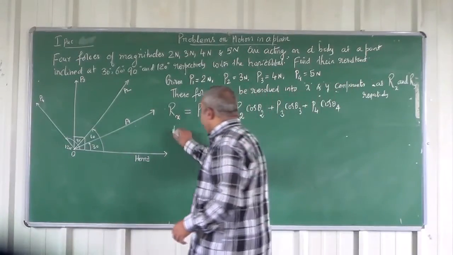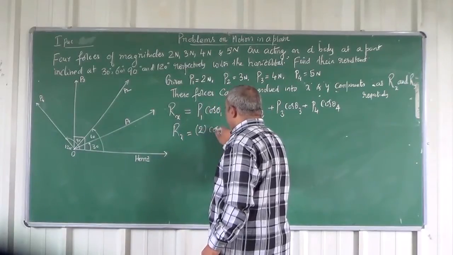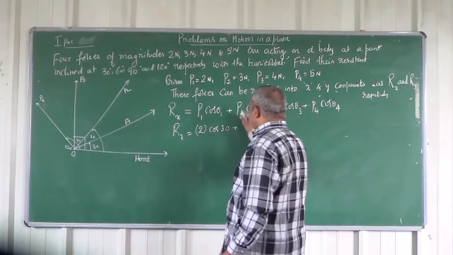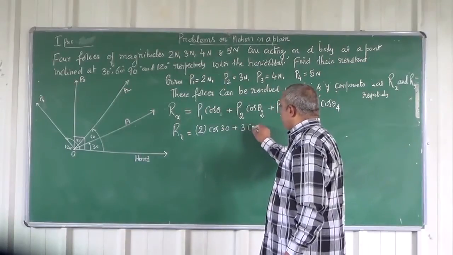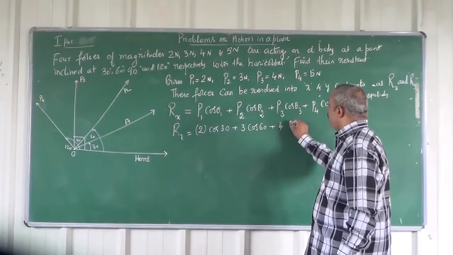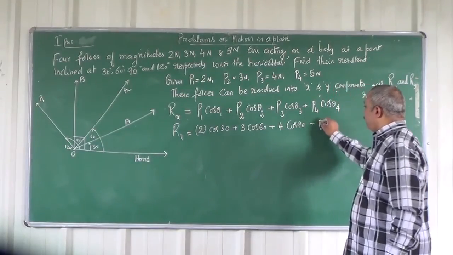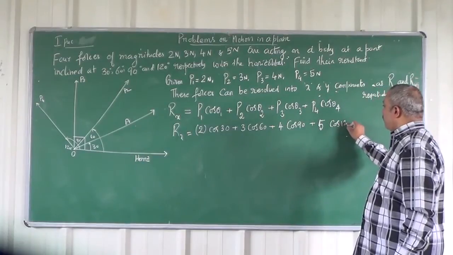Now Rx equals P1, which is 2, into cos 30, plus P2, which is 3, into cos 60, plus P3, which is 4, into cos 90, plus P4, which is 5, into cos 120.